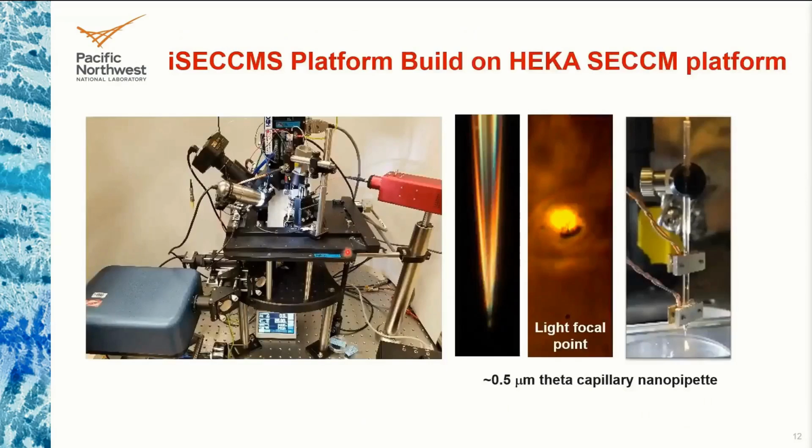So here is the view of the setup we have. The leftmost is the real view, but what I would like to draw attention to is that we use a tip like this on the right-hand side, and when you see the tip from underneath, you can see a tiny spot here.